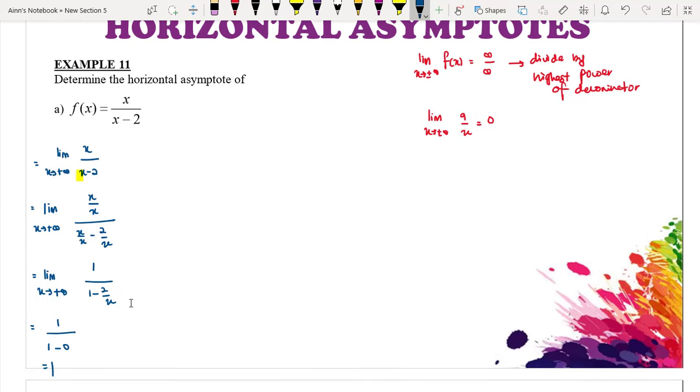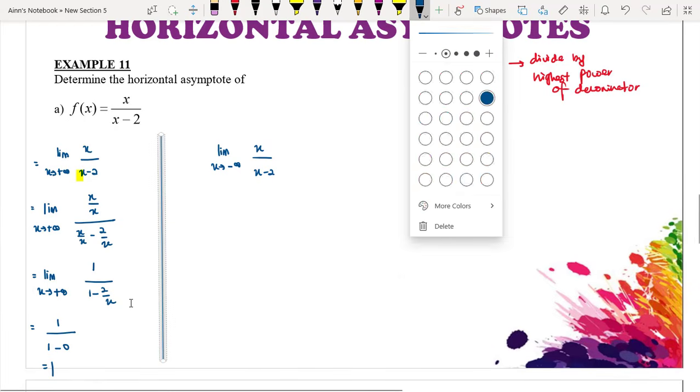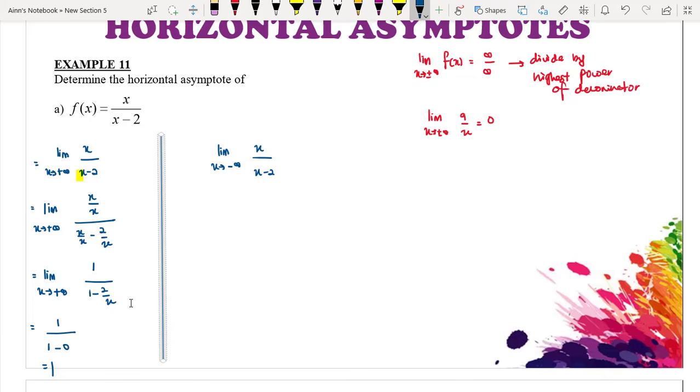Now the second part, where we need to find the limit as x approaches negative infinity of x over x minus 2, your function. Again, we do the same thing and divide by the highest power of the denominator.